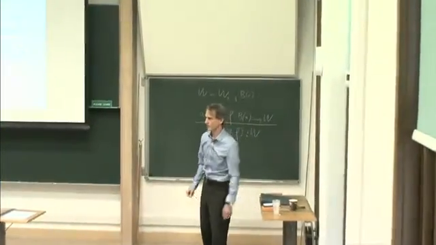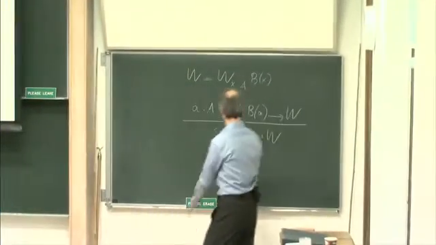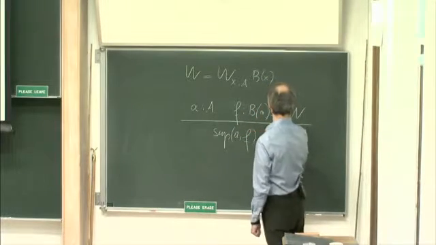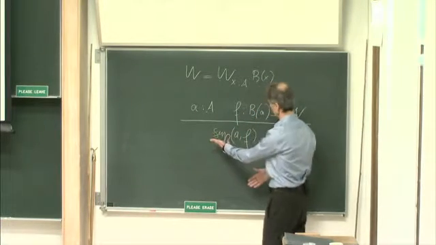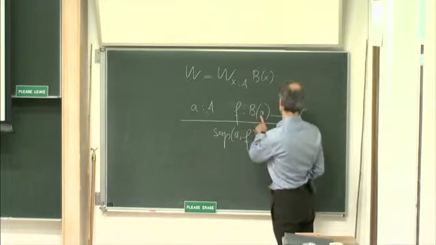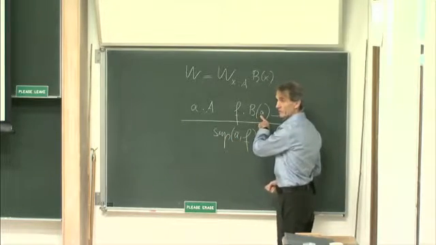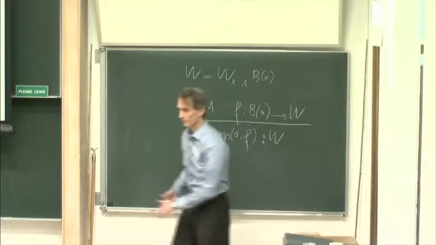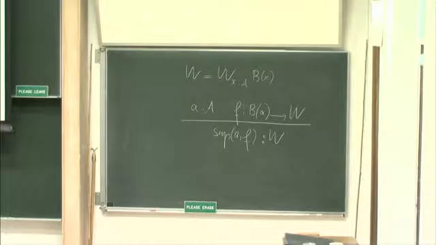And you can read it set theoretically, so then f would be a function that goes from B(a) into W, and then you create a pair consisting of the index a, which you need to know for the domain of f, and then f. So this is one way.